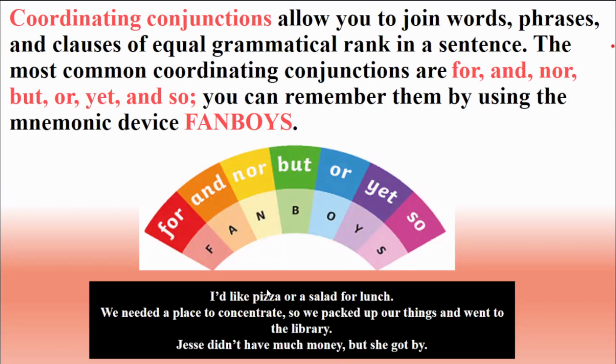Right? එතකොට අපි දන්නවා for, and, nor, but, or, yet, so තමයි coordinating conjunctions. මෙන්න මේ FANBOYS, F for, A and, N nor, B but, O or, Y yet, S so කියන ඒ ටික මතක තියාගත්තා නම් coordinating conjunctions without any effort you can just remember them.